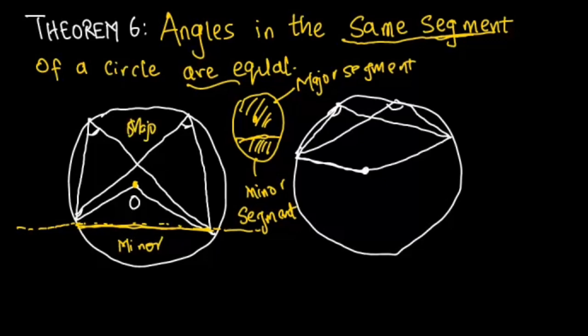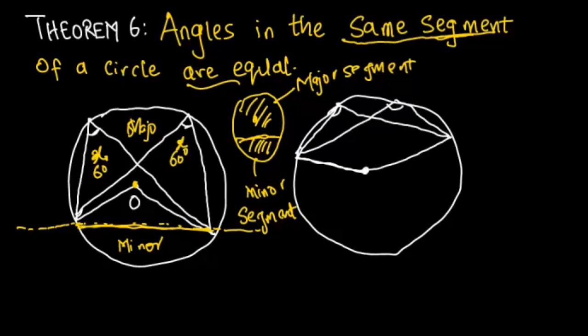So now if you look at these angles, they are in the same segment, this angle and then this angle. So in essence, these angles are equal. What does that mean? If here is x, this other side will also be x degrees. So if this angle is 60 degrees, this angle here will also be 60 degrees. So in essence, provided the angles are in the same segment, they are equal.